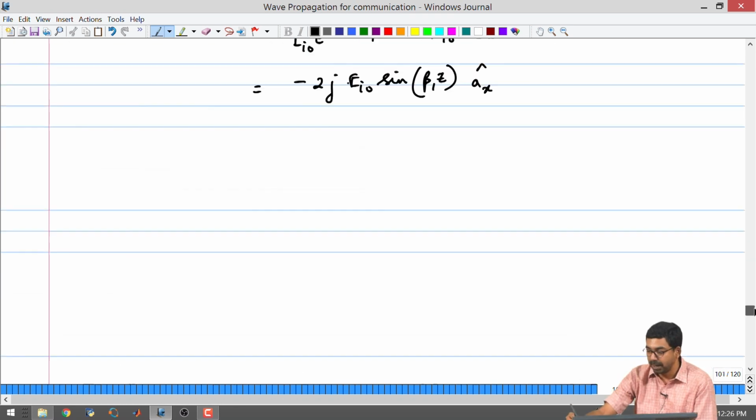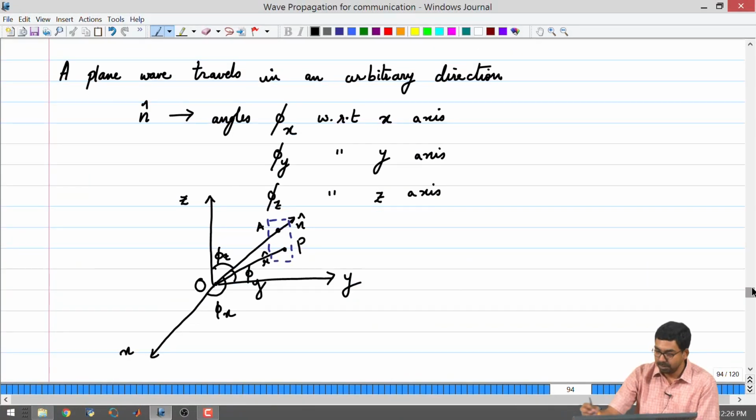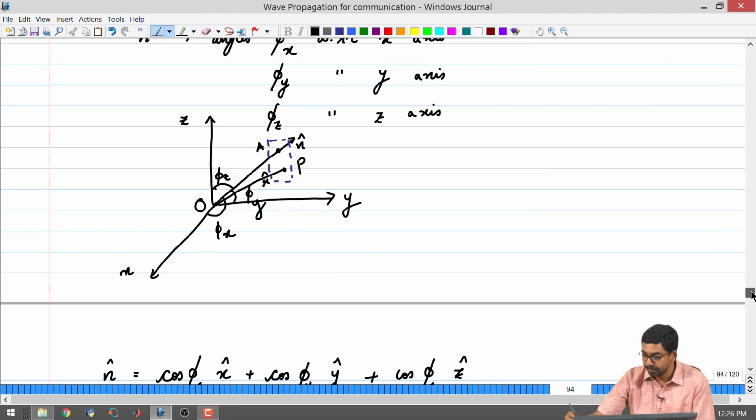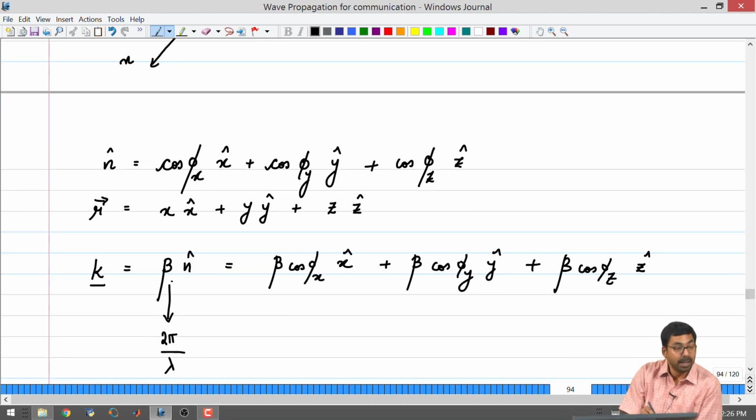So, if you go back a couple of lectures, we had written the expression k to be equal to beta times n hat, where n hat is the unit vector in the direction of travel.